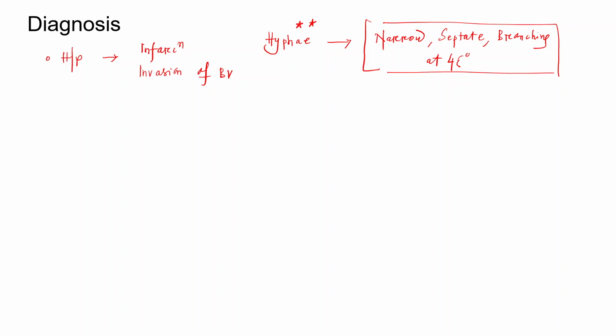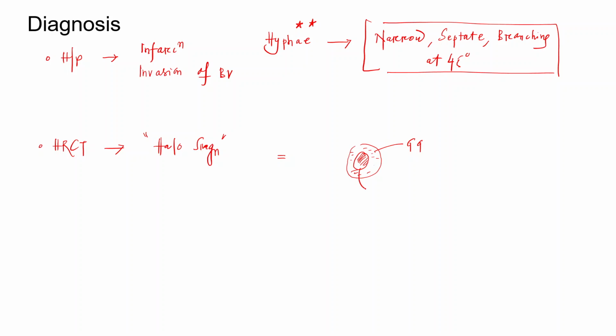Now the next thing is, in HRCT, you may get a finding known as the halo sign. What is the halo sign? In the halo sign, we have a central hyperdensity surrounded by peripheral ground glass opacity.